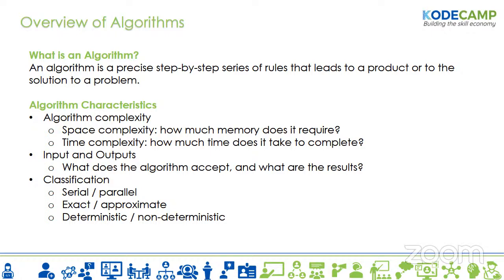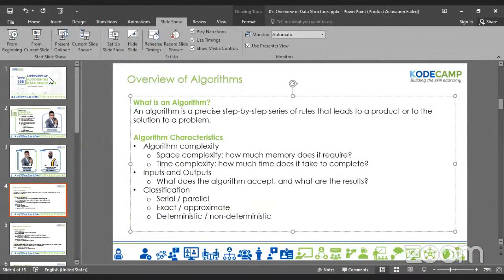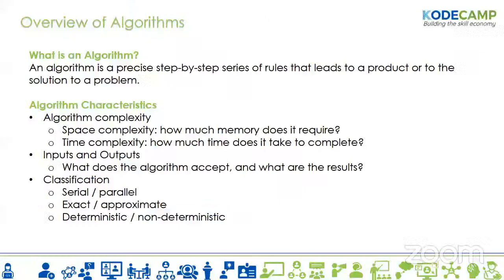Now, the next is that algorithms are categorized by inputs and outputs. I think I should put inputs in plural. In terms of inputs, what does the algorithm accept? And for output, what are the results?